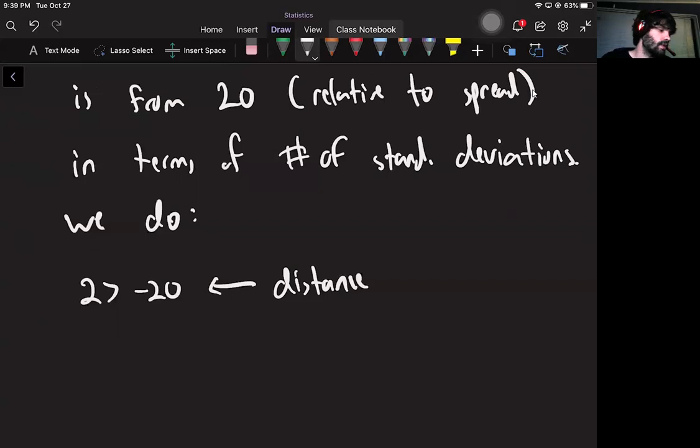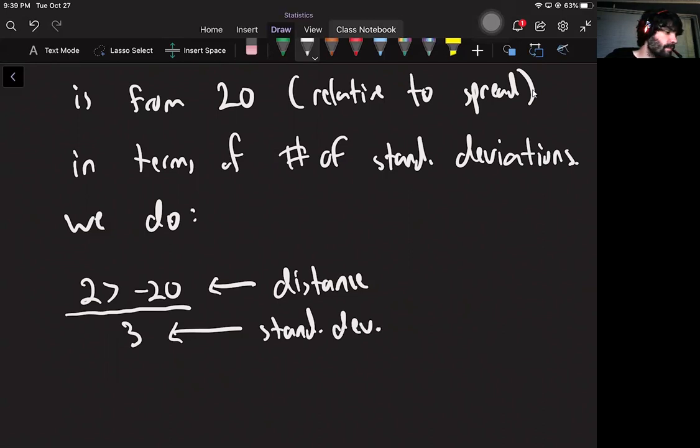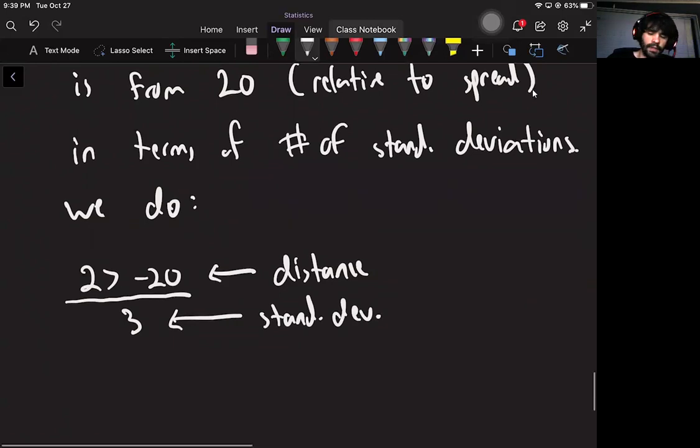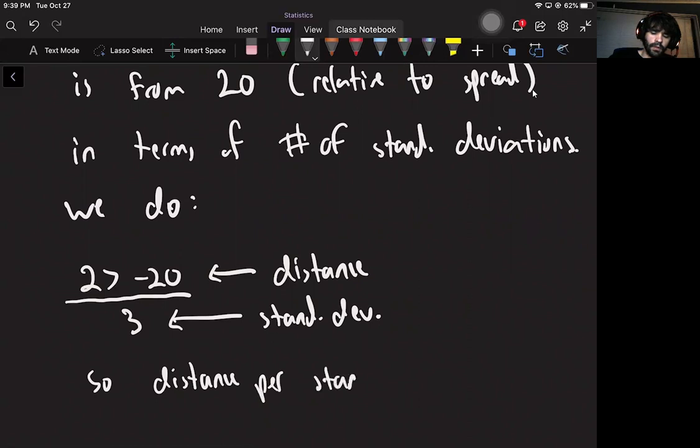But if I want to make it relative, what I do is I divide it by how big the spread is, how big the standard deviation is. So what I get is the distance per standard deviation when I do this.